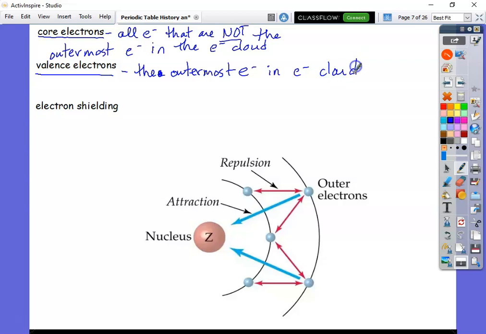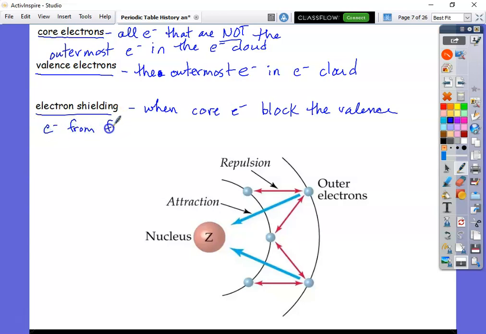Now that we know there are basically two kinds of electrons, we want to understand a concept called electron shielding. Electron shielding happens when the core electrons block the valence electrons from feeling the pull of the nucleus. If you think about what is inside of the nucleus, we have protons and neutrons.